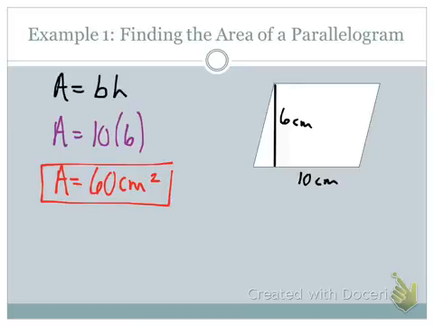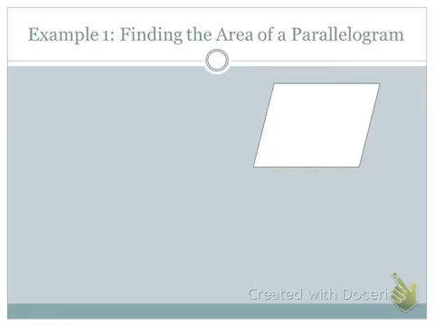All right, so now I want you to do one, okay, and it gives us these dimensions. All right, find the area.